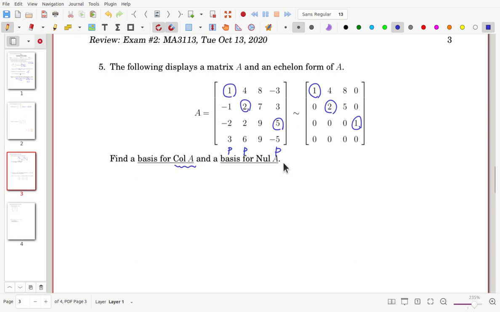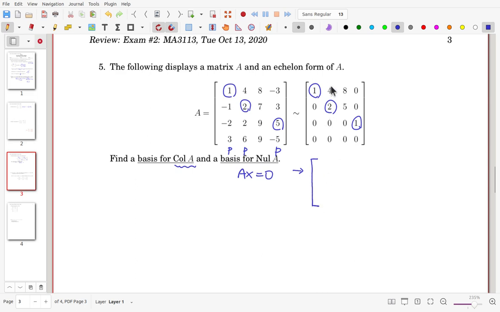Now, to find a basis for the null space of A, we have to solve AX equals 0. So we have to apply further elementary row operations to reach the reduced echelon form. Here we have to eliminate that one and change this one to 1, so it becomes the reduced echelon form.